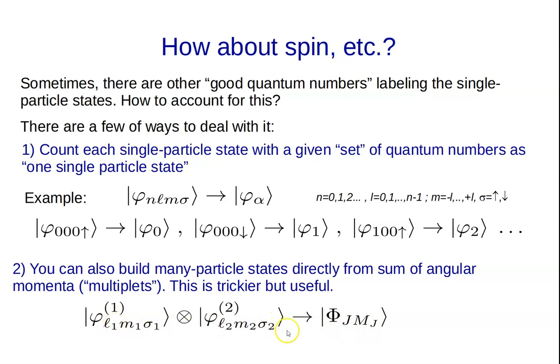You add the angular momenta here, and you also get a state which is a two-particle state, but just a different combination of this with the other m's and the other sigmas. In a sense, it's a change of basis from what was done here. This is trickier, but it is sometimes useful to construct these multiplets. But for the most part, this way is okay, and this is the way that I'm suggesting you use in the assignment. There are other ways, but let's stay with this one.